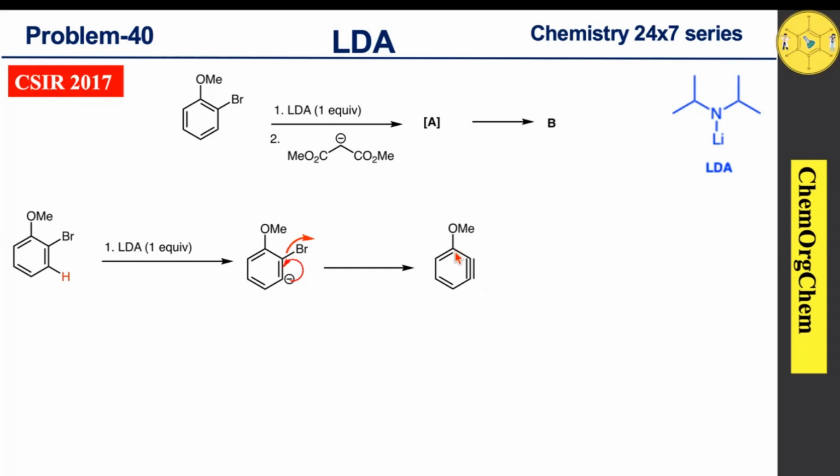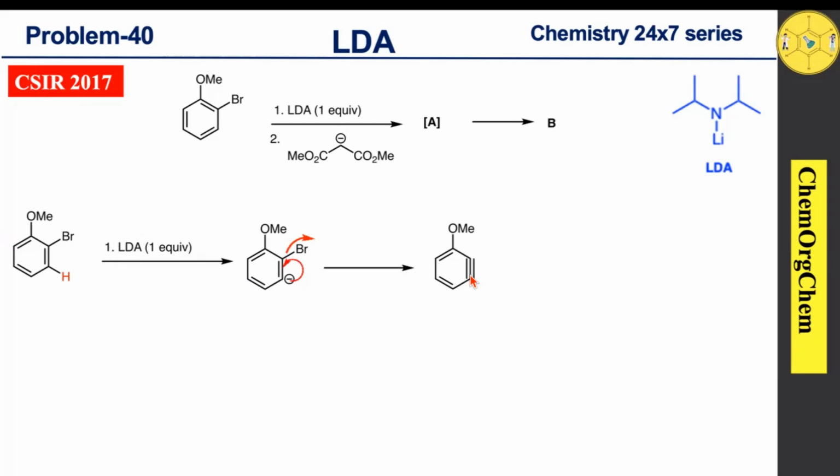For example, this particular intermediate has a methoxy group as a substituent. We know that the methoxy group could release electrons mesomerically. Apart from that, the methoxy group can also withdraw electrons inductively. However, whenever you deal with benzyne chemistry, you just forget about the mesomeric effect.